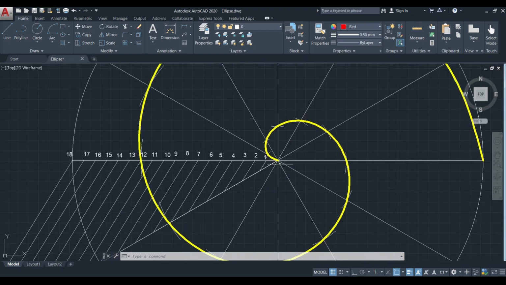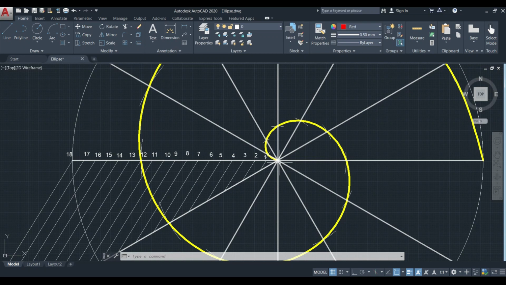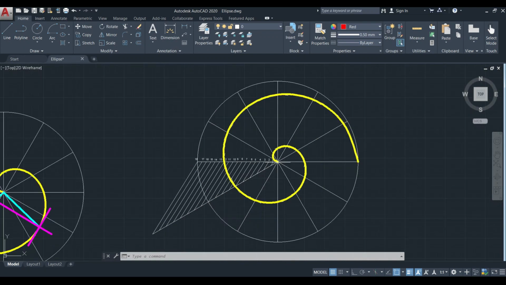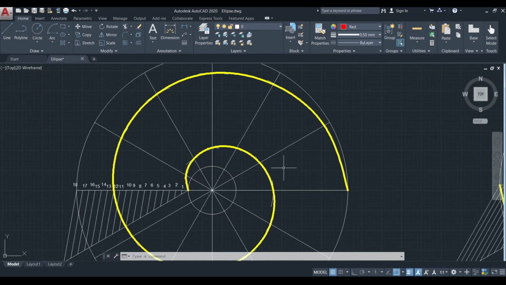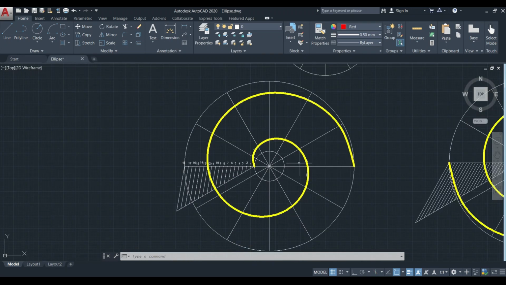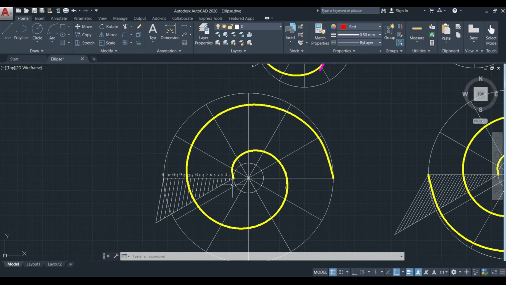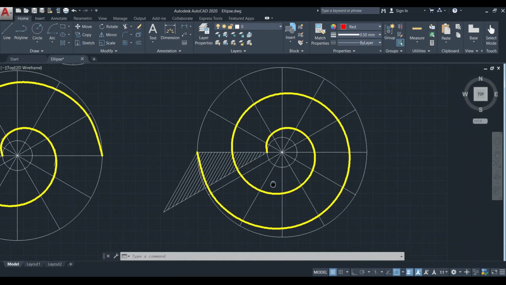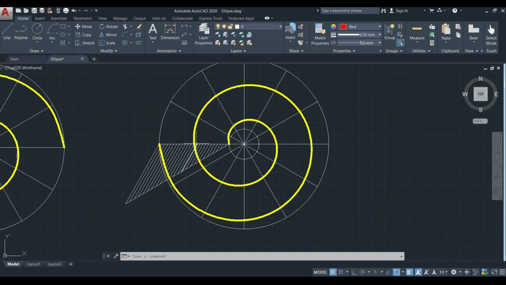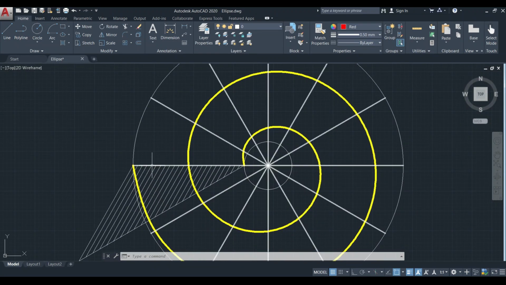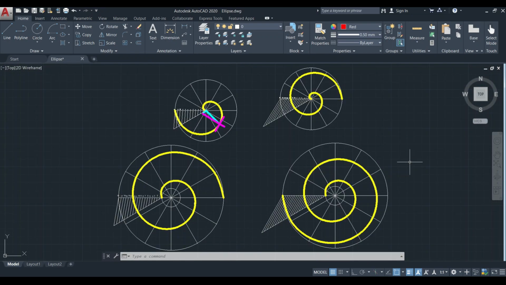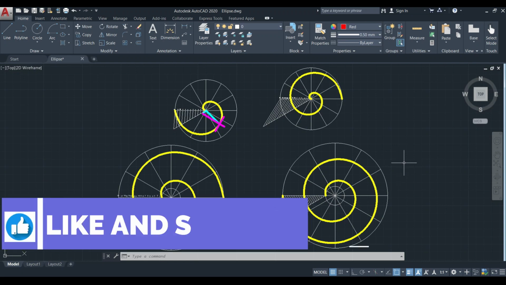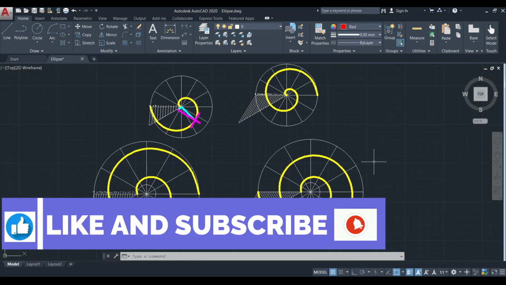Here you can see the curve is starting from the center point of the circle, and also we have the 1.5 convolution Archimedean spiral with two circles. Then this is the Archimedean spiral with two convolutions. Here you can see the line is divided into 24 equal parts. So this is how we can draw the Archimedean spiral.